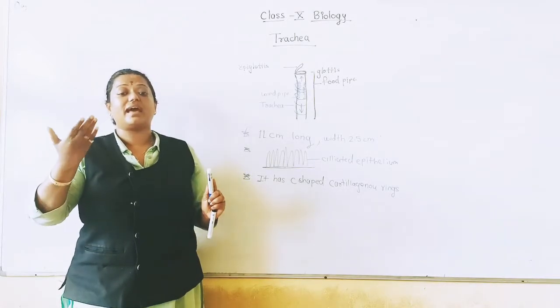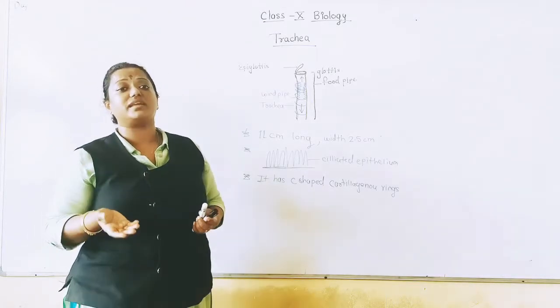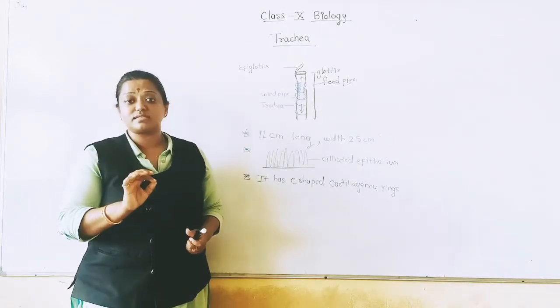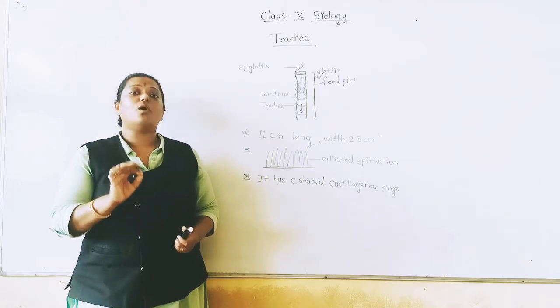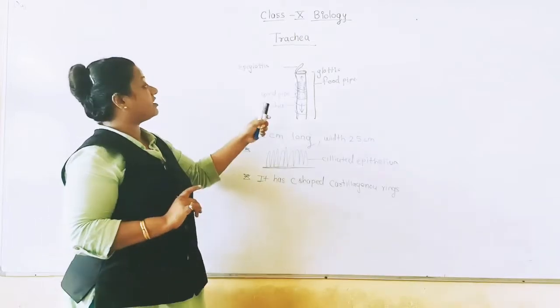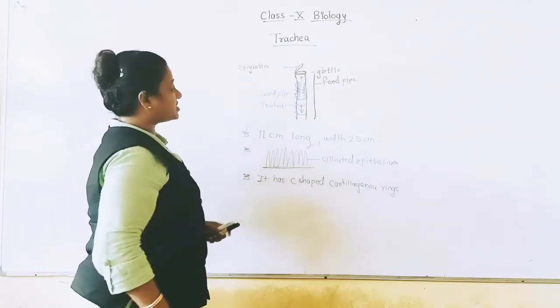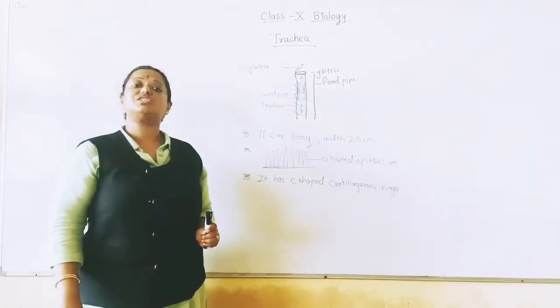If you inhale and exhale in an excess amount, or if you have fast breathing, then those walls of the windpipe or the trachea should not collapse, and because of that, the trachea has C-shaped rings. Now students, the question is why it has C-shaped rings.